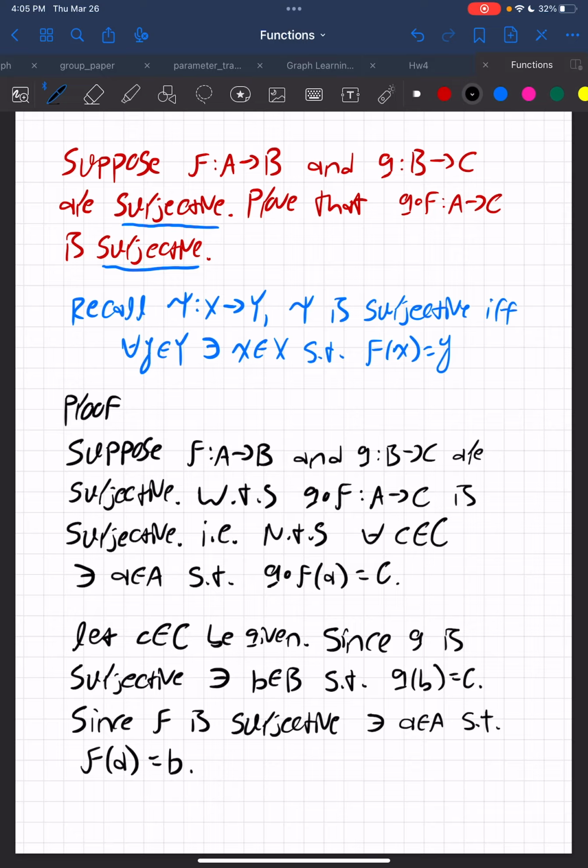Well now, let's just apply g to both sides of this equation. So note that g composed with f of a equals g of b, but we chose b such that g of b equals c.